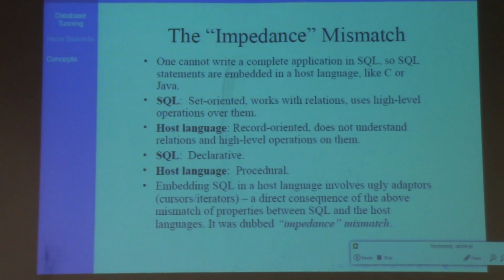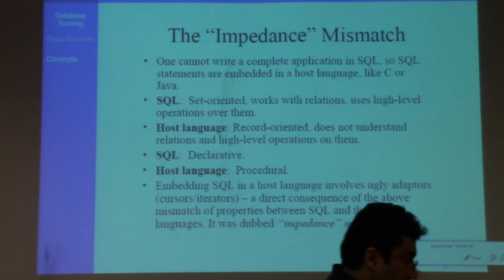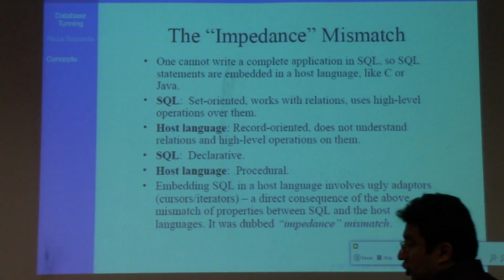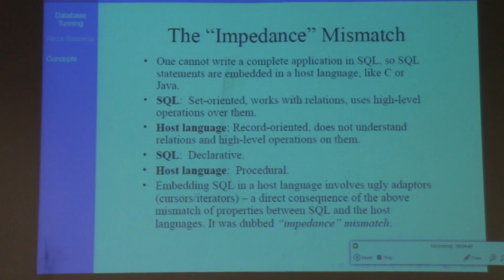Okay, the first difference, or the first problem or issue with traditional SQL, is that SQL is a set-oriented language, right? Everything is relations. Everything is a set of tuples. And the only thing you have over there is operations on those tuples. So you don't have any object, okay?